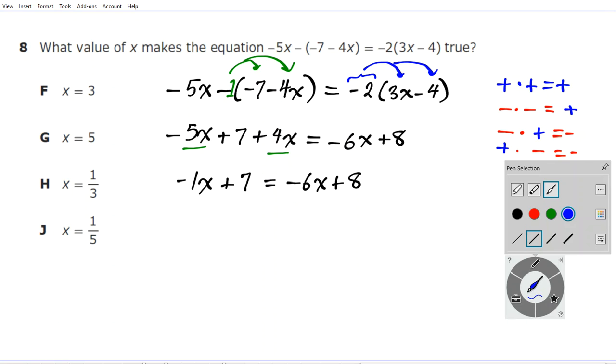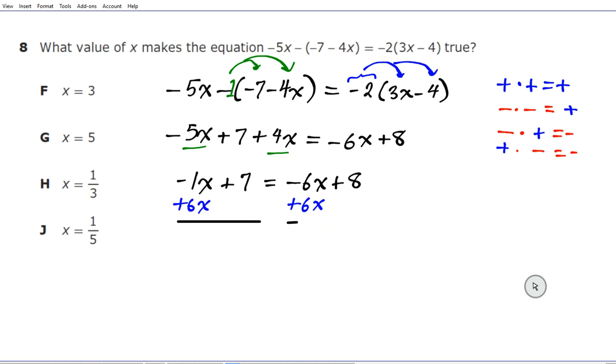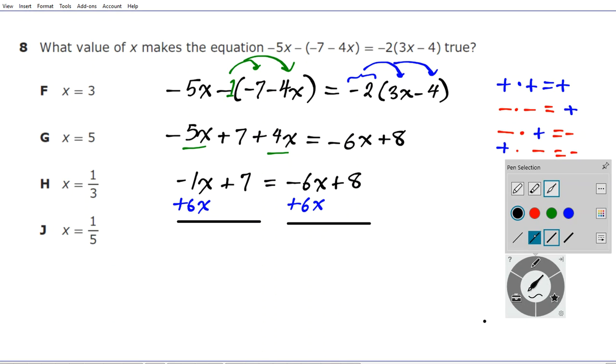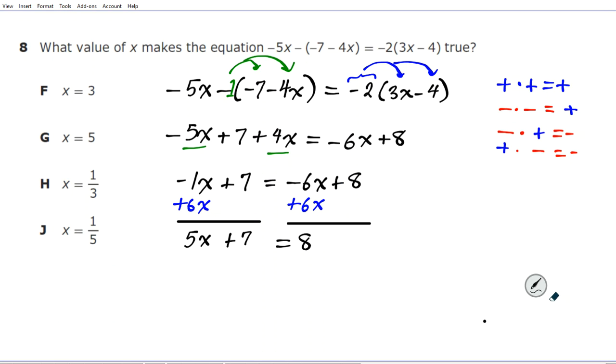So just add 6x to both sides. We end up with 5x, since the signs are different, we subtract and keep the sign of the bigger, which is positive 6. Plus 7 equals, these add up to 0, 8.